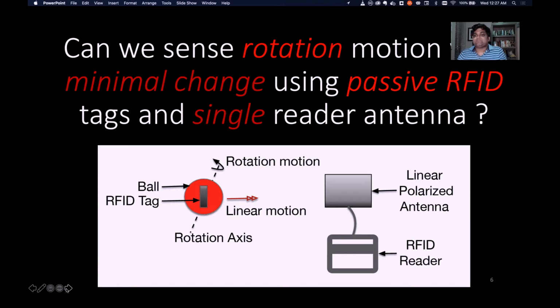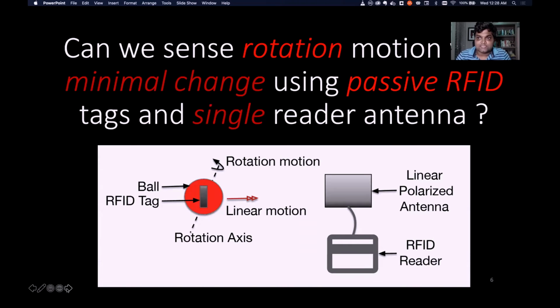We are selecting passive RFID tags because they have a very low physical footprint and do not require an active battery, so we don't need to change the battery frequently. Can we attach those tags to the ball, get the information at the reader through a single antenna, and estimate the rotation and other related motion with minimal change?